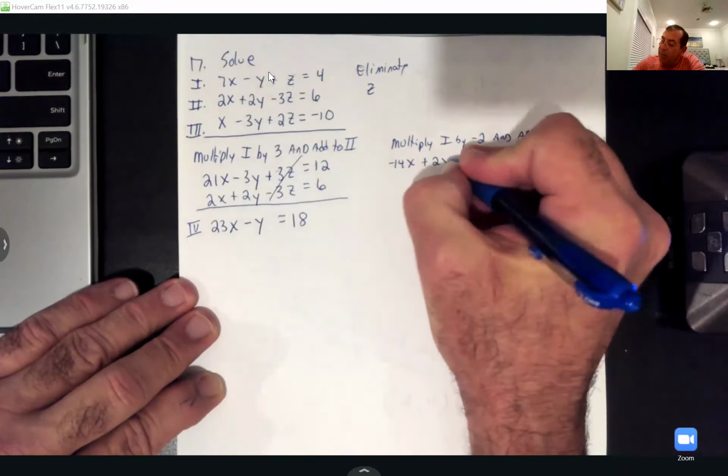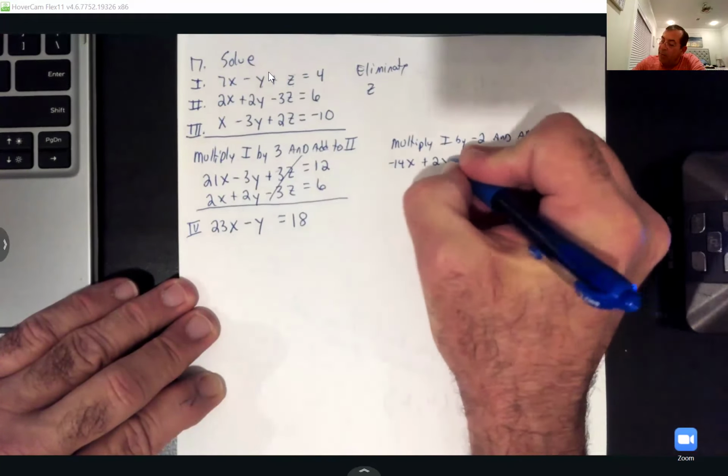But remember, like I said, either one you could have changed. So I'm not changing the first one, so I'm going to bring that down. 23x minus y equals 18. Now, all that negative 1 is doing is changing that to a positive, that to a positive, and that to a positive. So I now have 13x plus y equals 18.